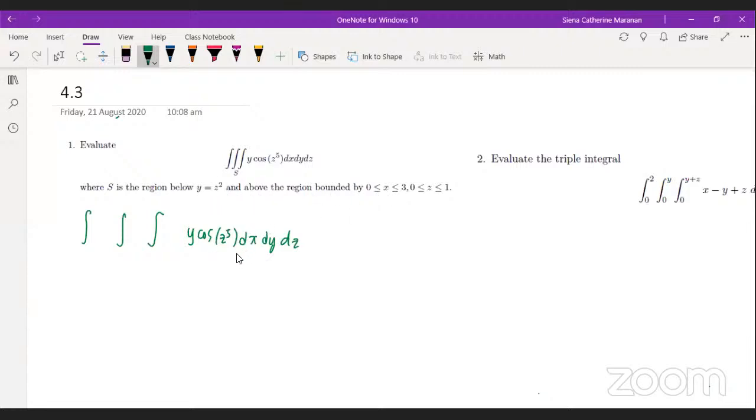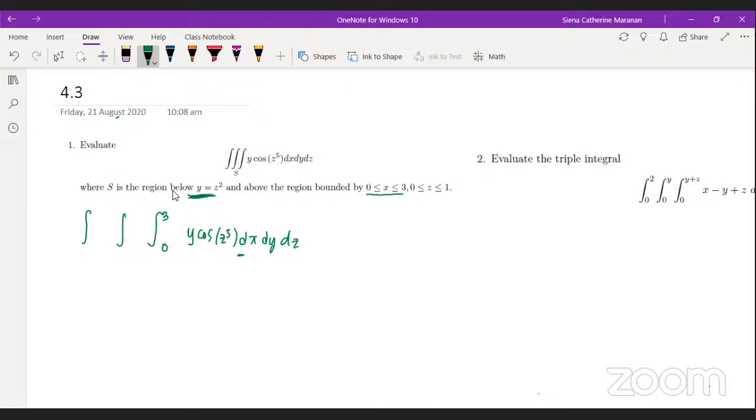Since yung nasa loob na integral natin is with respect to x, ang titignan nating bounds ay for the values of x. As given, since it's bounded above the region and by these values, si x is from 0 to 3. So we write here, from 0 to 3. Now for y, we have this equation in terms of z.